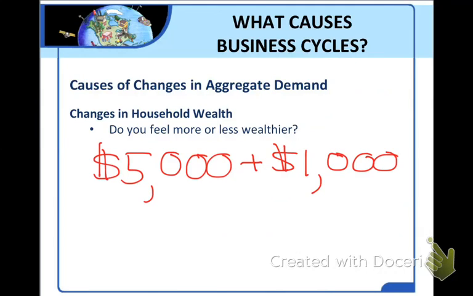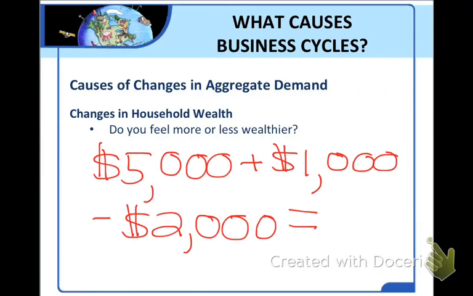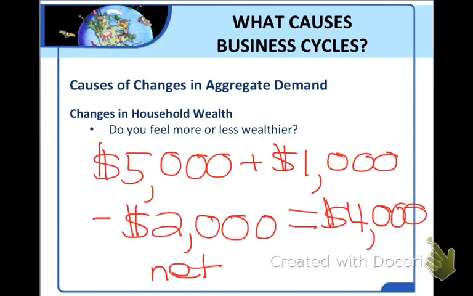But then you would have to subtract from that the $2,000 that you owe to your parents. And so when you do that, that's going to equal $4,000. And that is what we would call your net worth. So net worth is the assets that you own minus the debts that you owe.